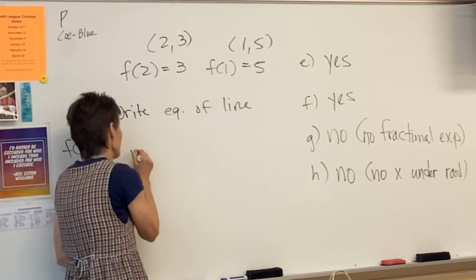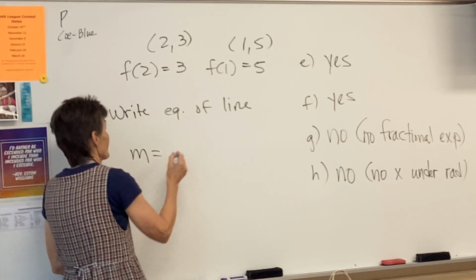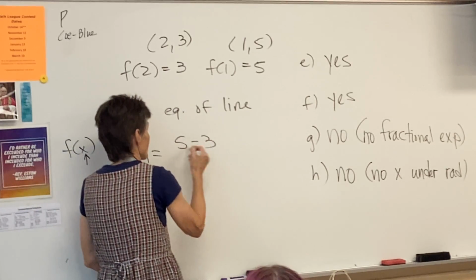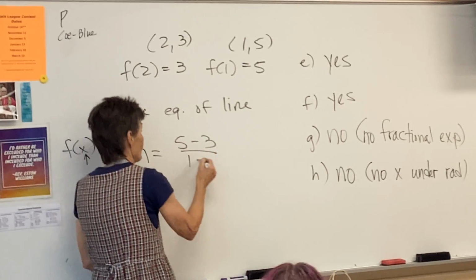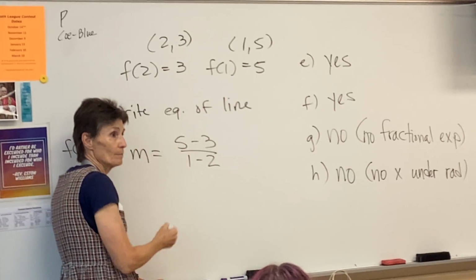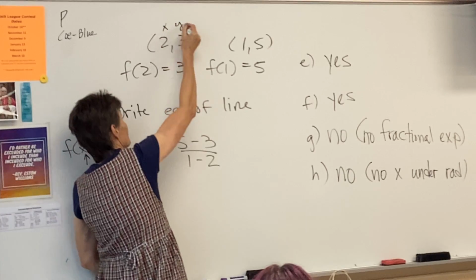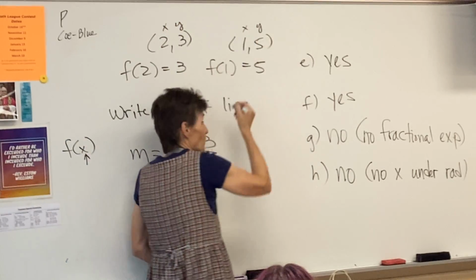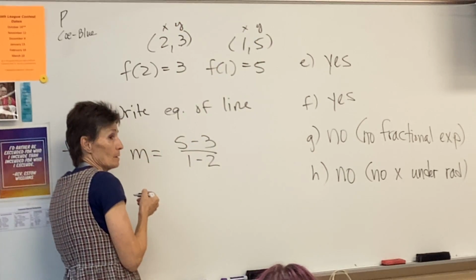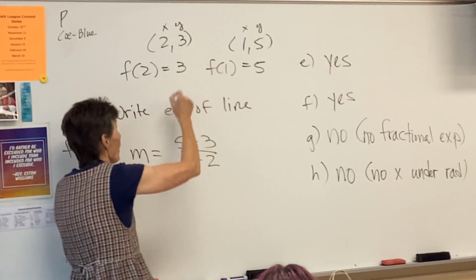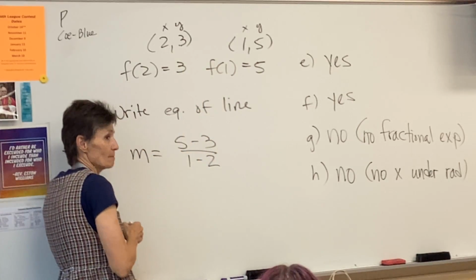Slope. And how do we find slope? 5 minus 3 over 1 minus 2. Yep. Y minus y. Remember, we labeled these. Some of you kept getting them mixed up, so I said label them. So y minus y, x minus x.